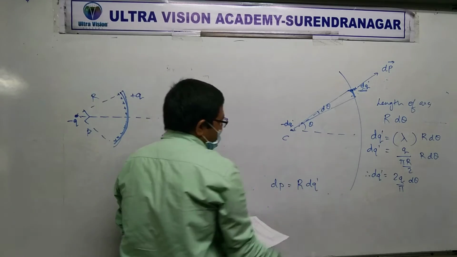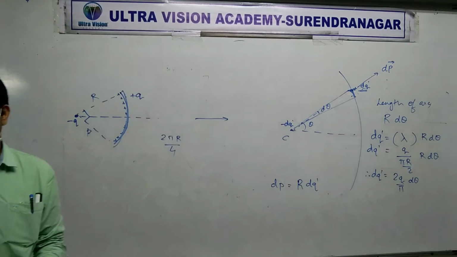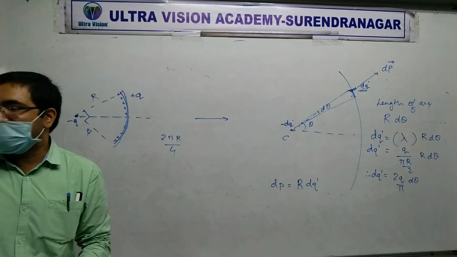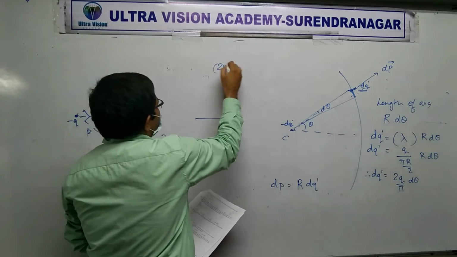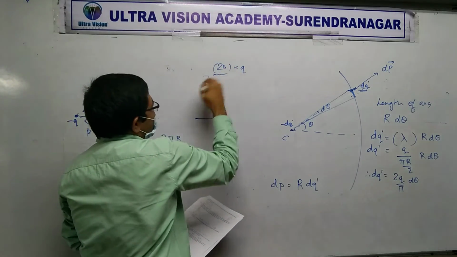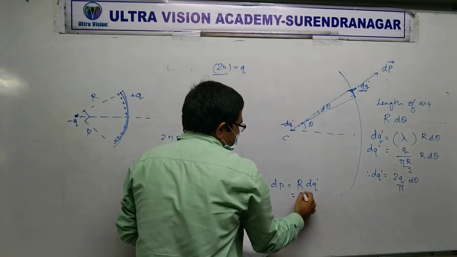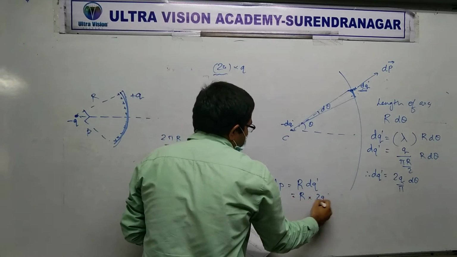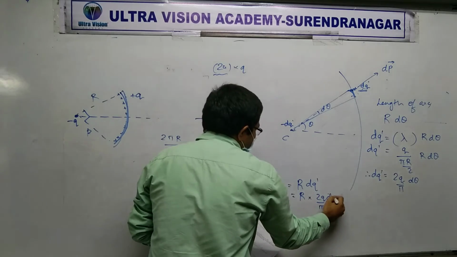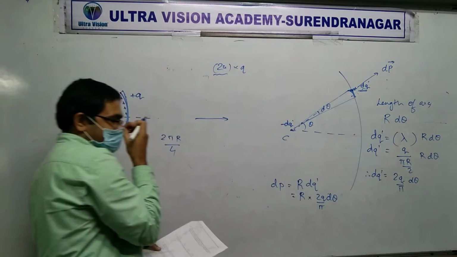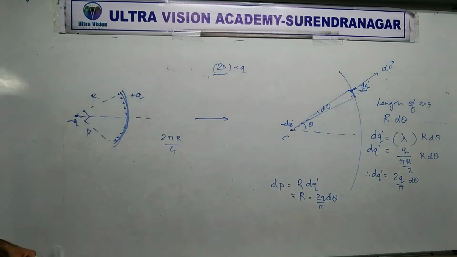Is that clear? Because the formula is 2a into q, and 2a means distance into q. So the distance is r, into 2q by pi into d theta. Right? r into 2q by pi into d theta.